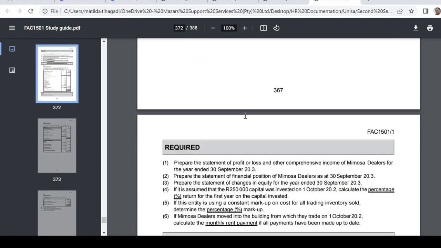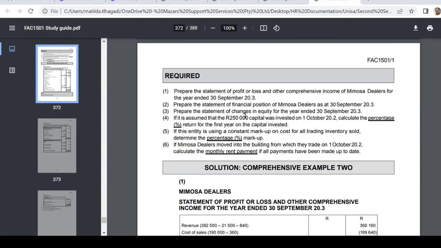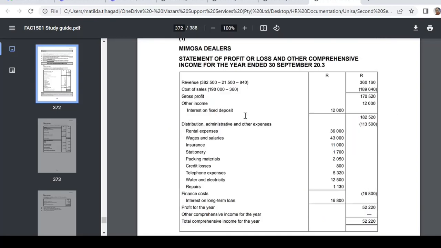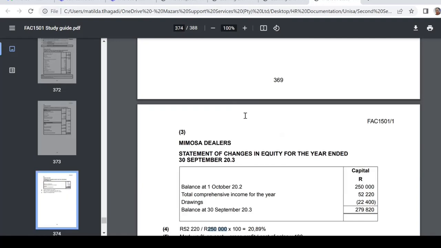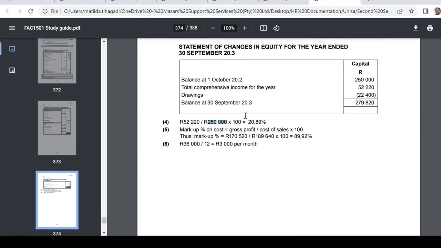And then number 5 is if this entity is using a constant markup on cost for all the trading inventory sold, determine the percentage of the markup. So basically the percentage of the markup will be equals to gross profit divided by cost of sales times 100.